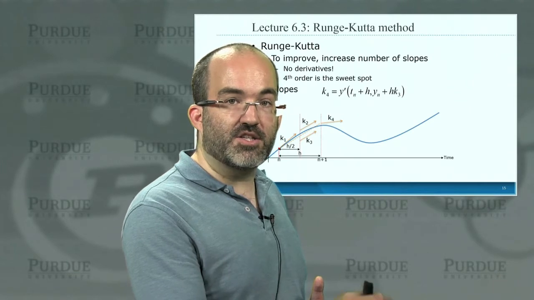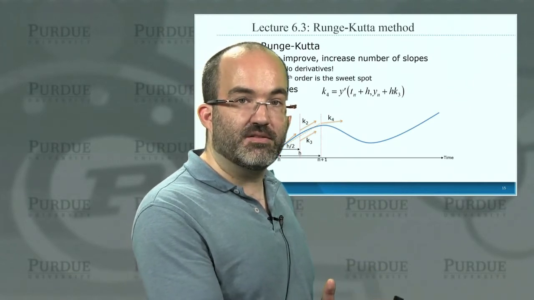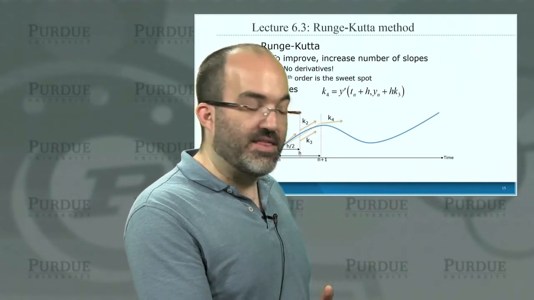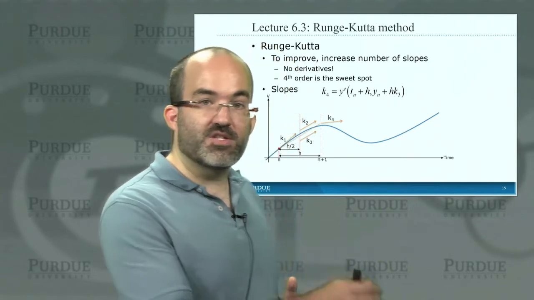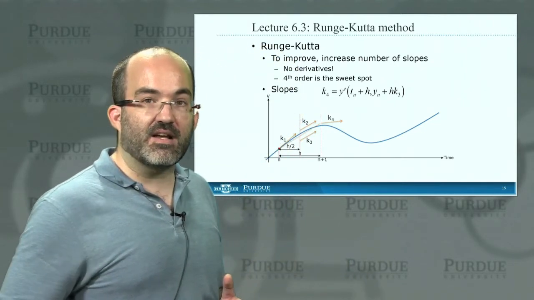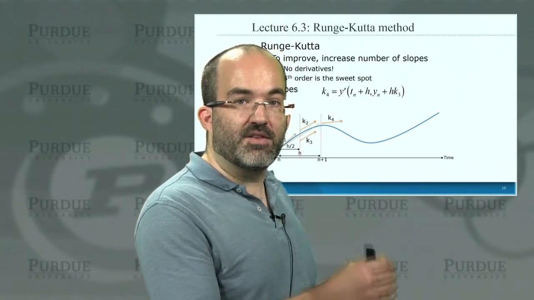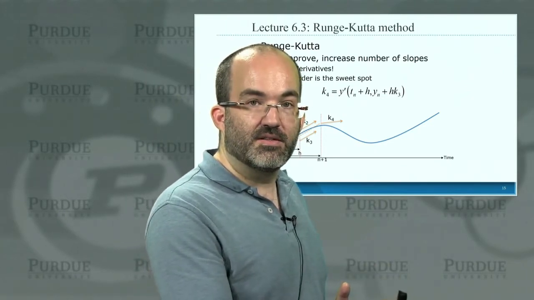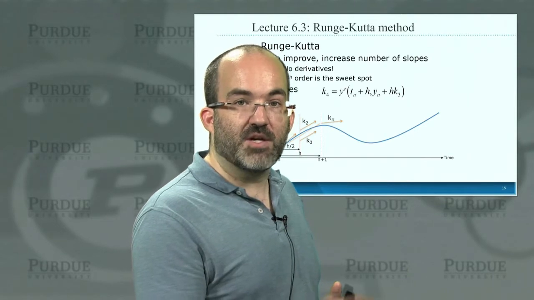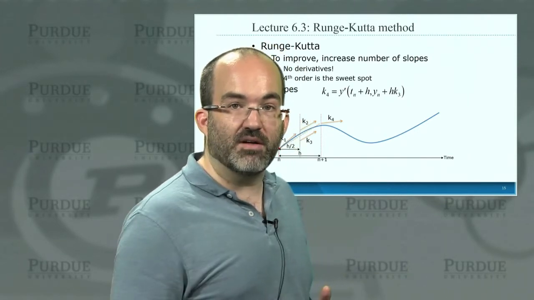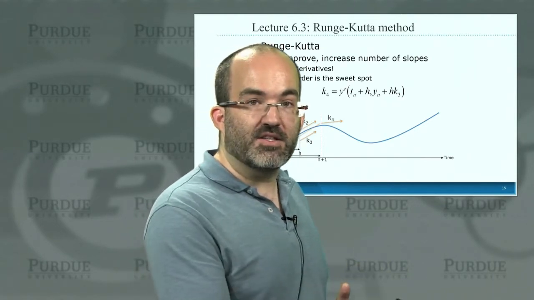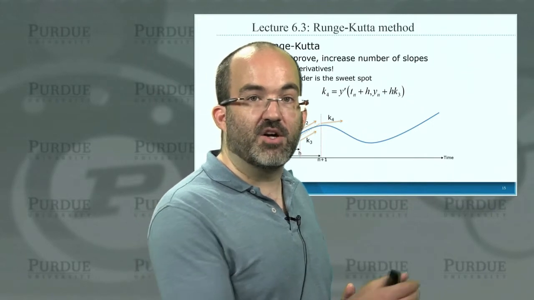Then we calculate the slope at the halfway point. That's K2. Then we use K2, starting back at the beginning, to calculate the halfway point again. And then we calculate the slope at the halfway point, but the halfway point is different because we use K2 to get there instead of K1. So when we calculate the slope again, we get a new value, and we're going to call it K3.